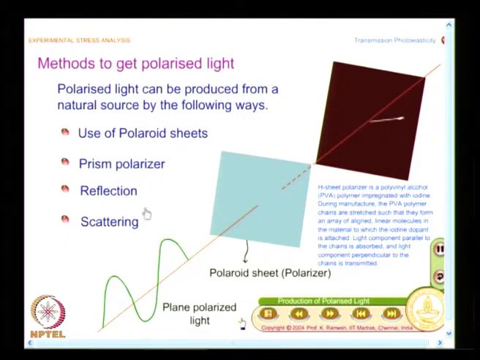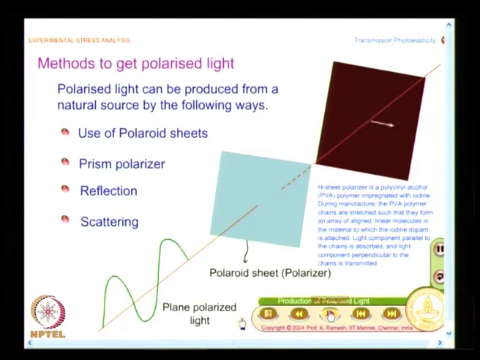And for certain wavelengths, reflection and scattering are ideal, and you also know at an appropriate angle called Brewster angle, polarization takes place. This is also another method of getting a polarized beam of light, and the simplest form of polarization is plane polarized light. And once you have plane polarized light, you could get elliptical and circular polarization.